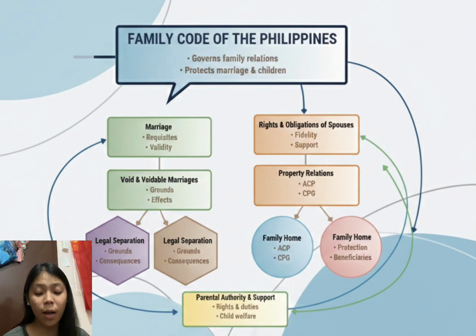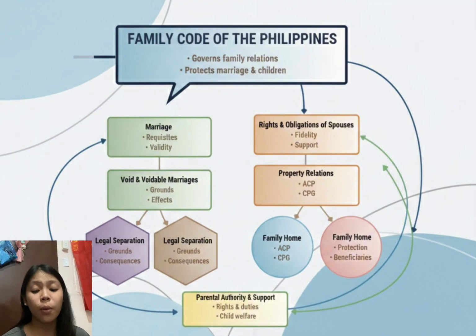CPG, or conjugal partnership of gains: properties acquired during marriage are conjugal and split equally, while each spouse retains ownership of assets they brought into the marriage and of inheritances and gifts received individually.